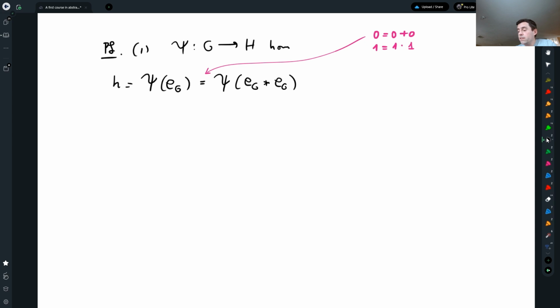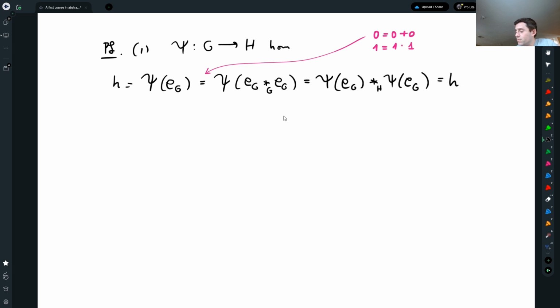So in any case, the identity is the identity times the identity, and now I can use the property of homomorphism, that psi of the product is the product of the psi's. So this is the star in G, and this is the star in H, and that is going to be psi of E times psi of E. Now, psi of E itself is H by definition.